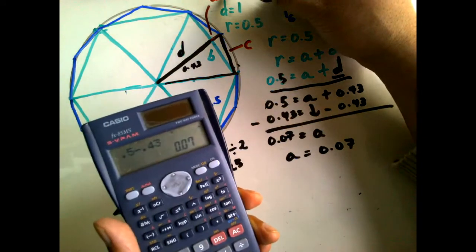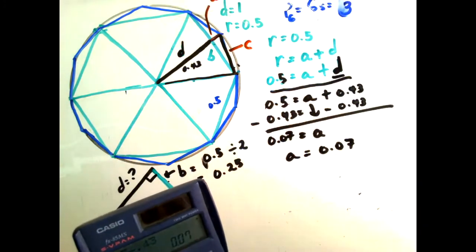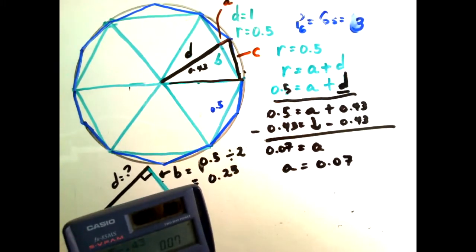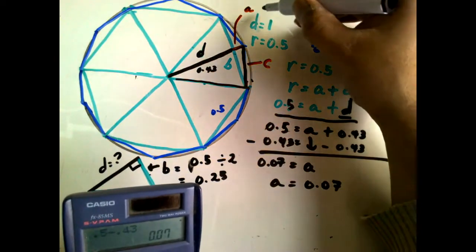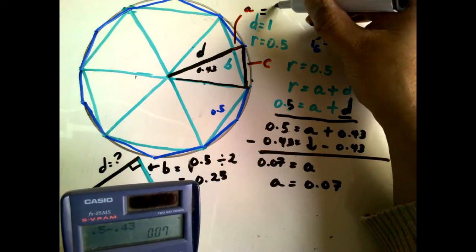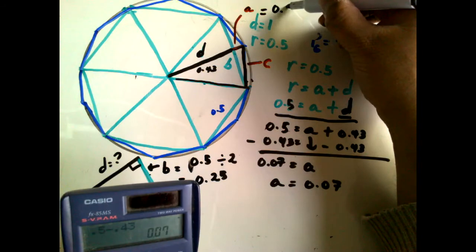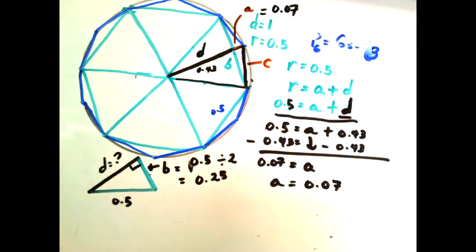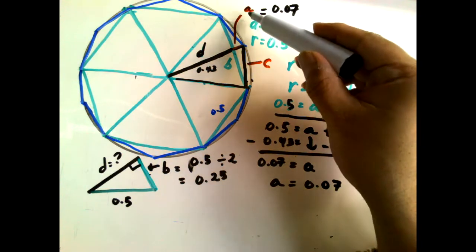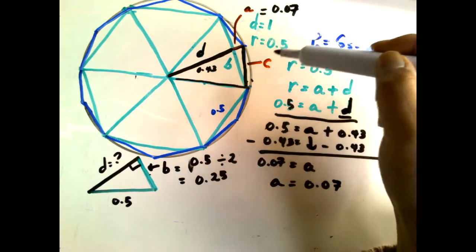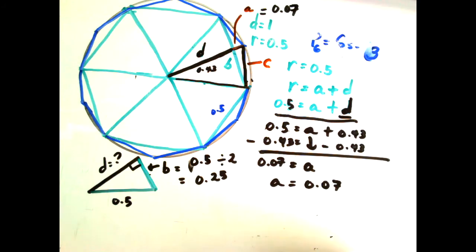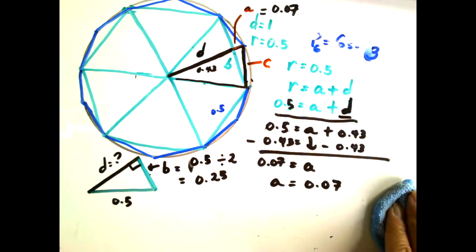So this value of A is 0.07. Now, since we have the value of A and we have the value of B, now we can calculate for C. So that took a long time to really do it, but I need the space to draw this question again.